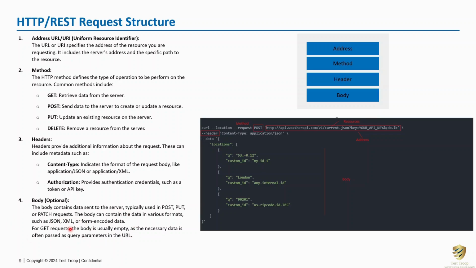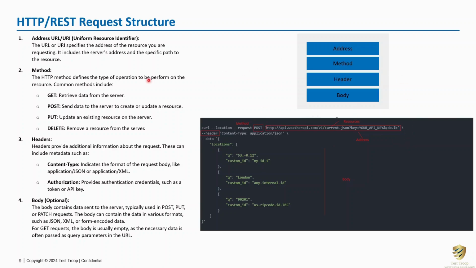For a get, you are only retrieving, so you need not pass a body. This is how the typical request message structure looks. It always starts with an address. It contains a method, the operation, the metadata, that is the header, and the body, the actual information needed by the server to process your request.